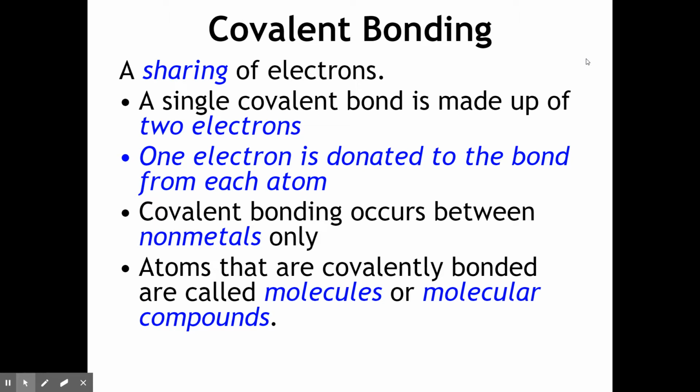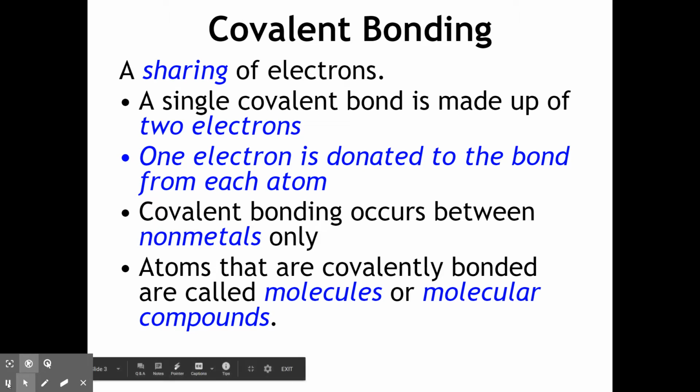One electron is donated to the bond from each atom. Covalent bonding occurs between nonmetals only. Atoms that are covalently bonded are called molecules or molecular compounds.